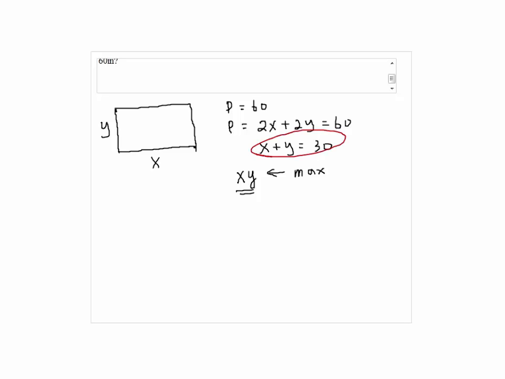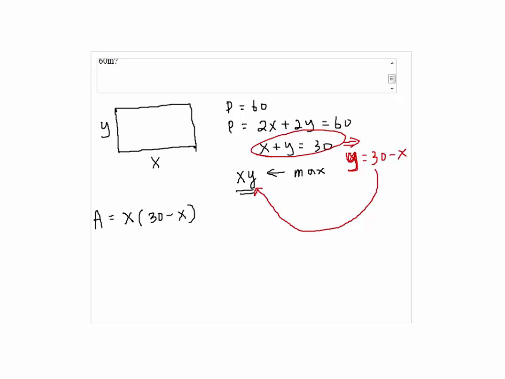Now first, we're going to solve the first equation for either x or y. Here I choose to solve for y. So y equals 30 minus x. Then you're going to substitute that into the second expression, which is xy. So we have x times 30 minus x.